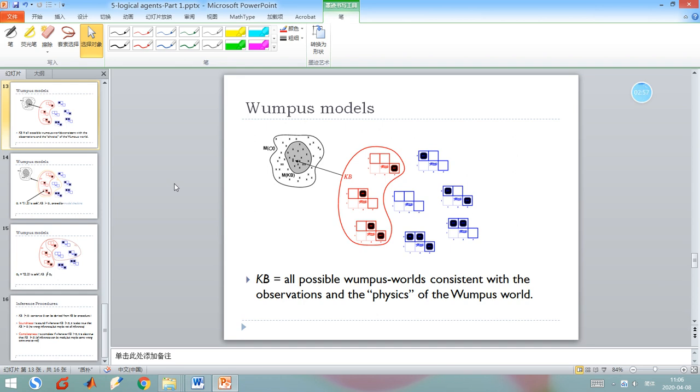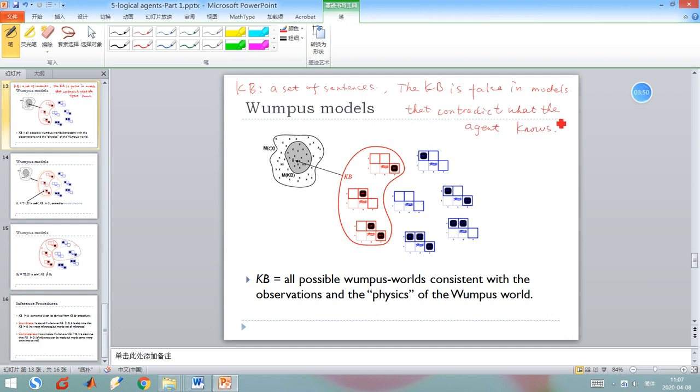The KB is false in models that contradict what the agent knows.